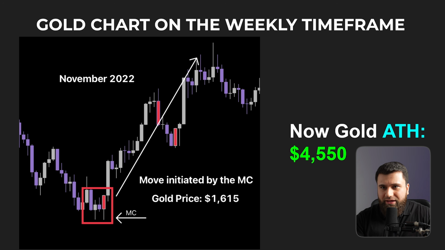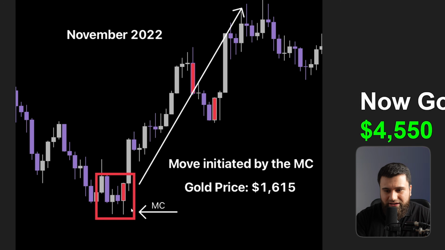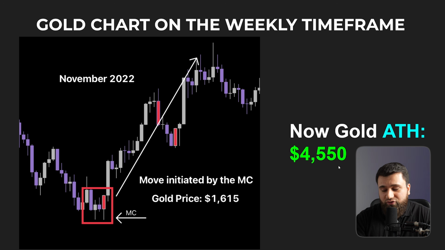Don't believe me? Let me show you guys some crazy examples. For example, gold right here. We have gold chart on the weekly time frame. November 2022, we have a weekly manipulation candle formation here. The gold price back then was $1,615. The move was initiated by the MC, and you guys already know gold all-time high is at $4,550.